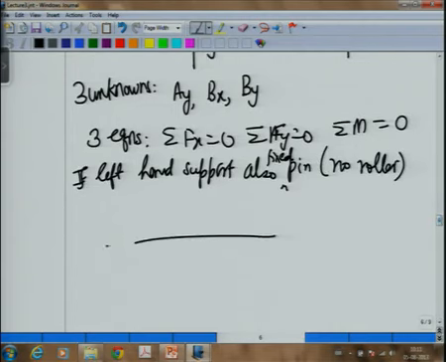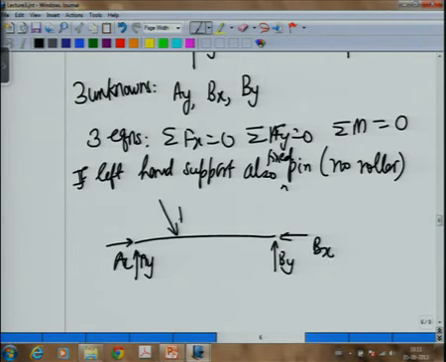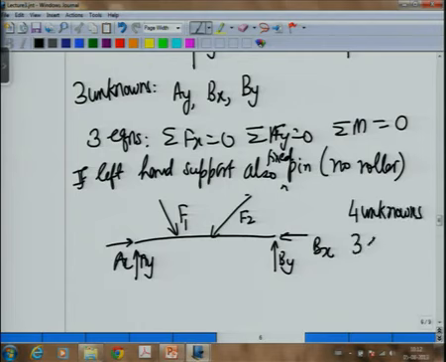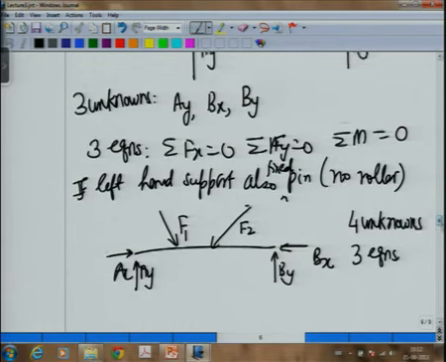Now, I will get Ax, Ay, By, Bx, F1, F2. And this is a case, now I have four unknowns and three equations.